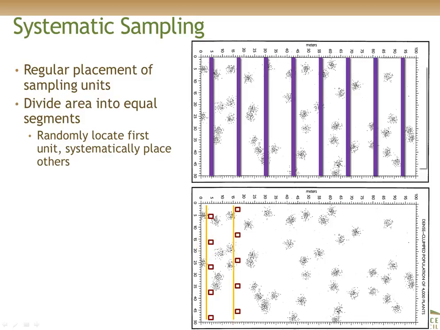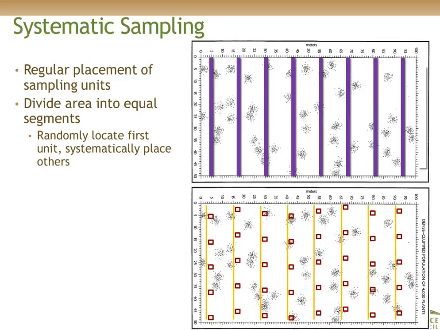The next transect is located, and in this case, the first quadrat is randomly located on the transect, and each of the other quadrats are spaced at equal distances apart along the transect. And so this is done iteratively throughout the area.